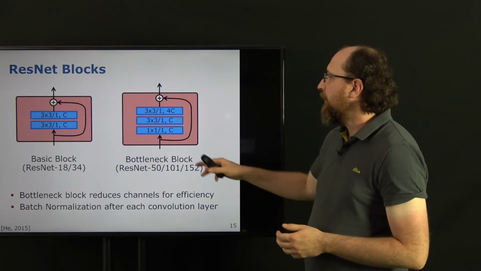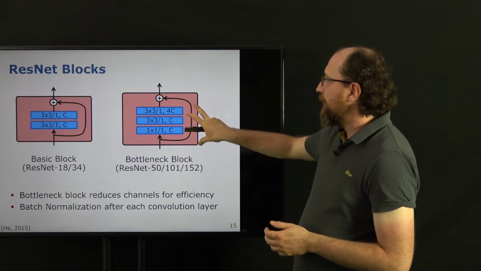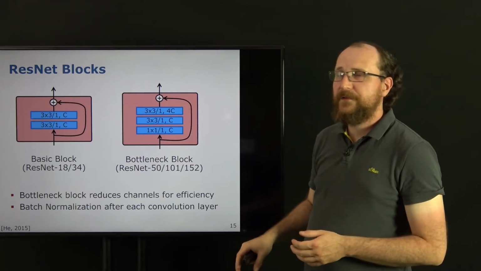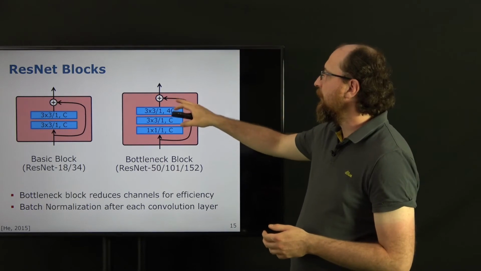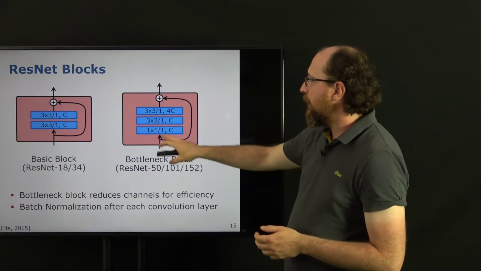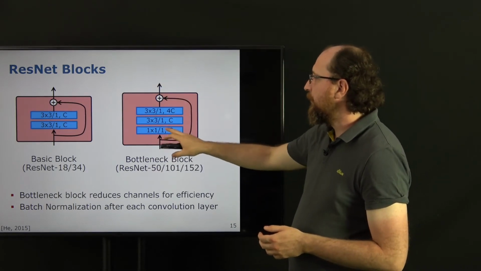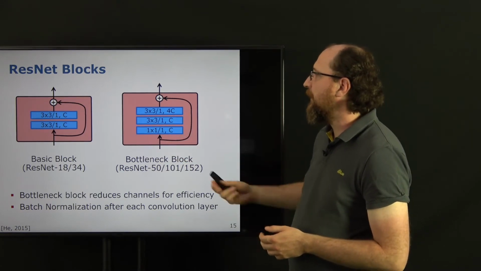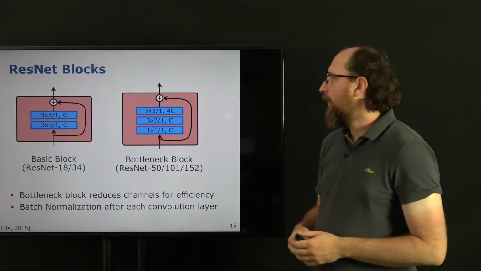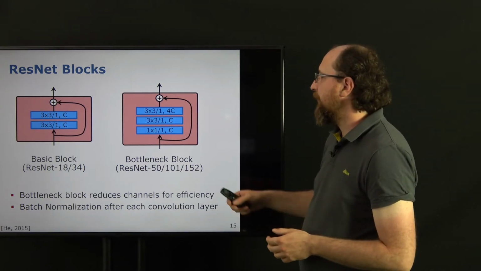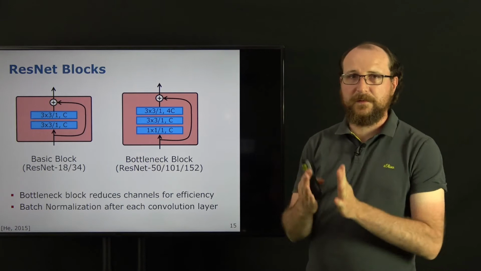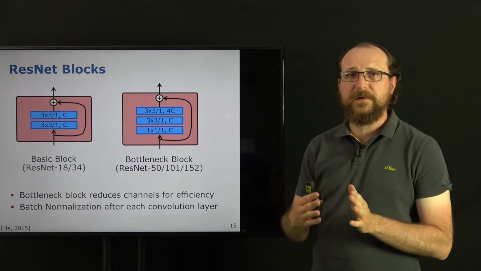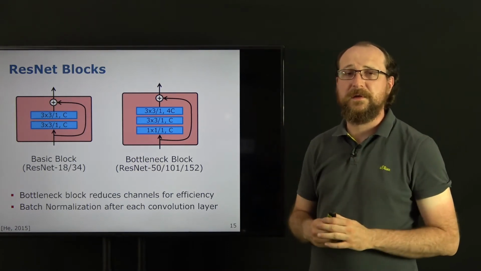When you think of it, these blocks come after each other, so we have 4 times C outputs, and these go in here and are reduced by 4. Then we have our convolutions, and then they are upscaled again to 4 times the channel number. So you can see that it really is a bottleneck: we reduce the number of channels and then expand it again.